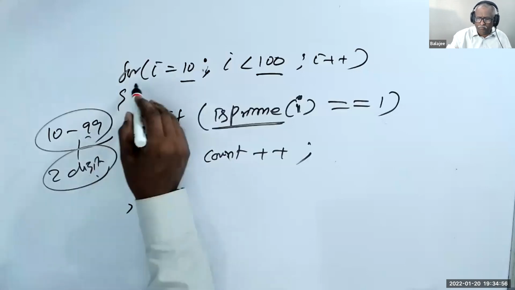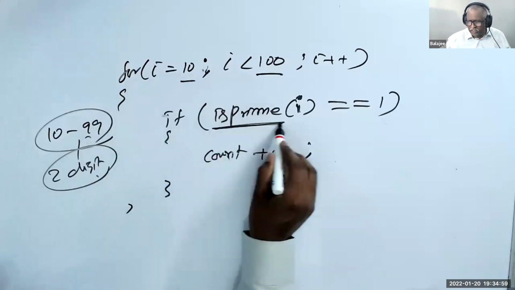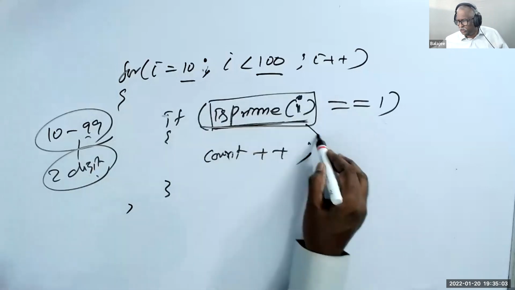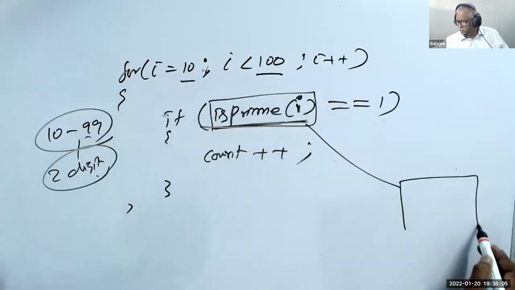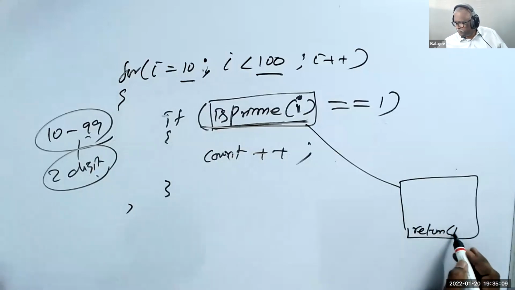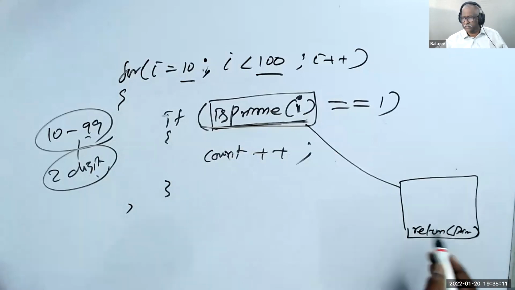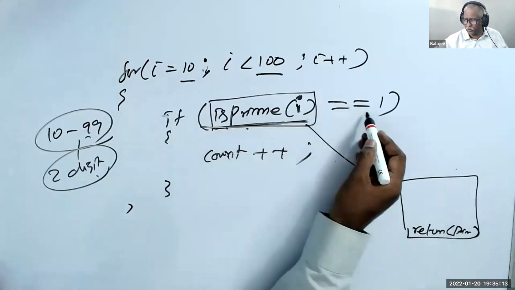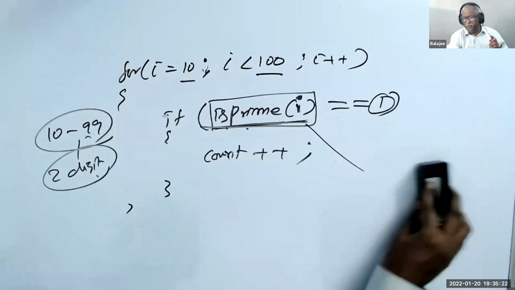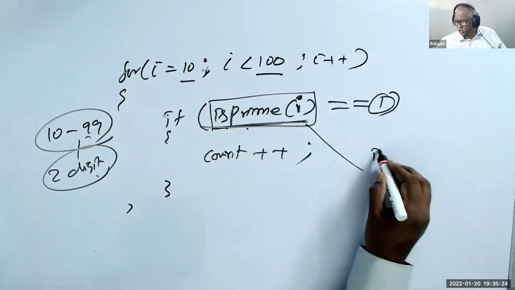Yes. From the i, I'm calling the function. Then it will go and do that function, and there I say return prime. That comes here. Then I'll check that with 1 or 0. That's why we have the return value. In the prime function, you do everything. You declare a variable called prime.